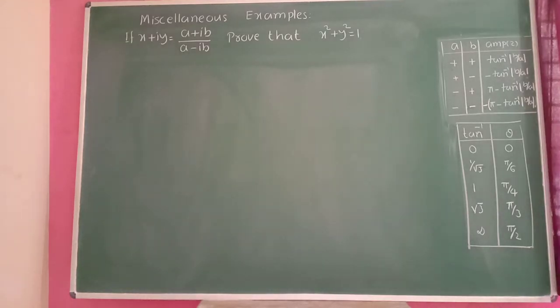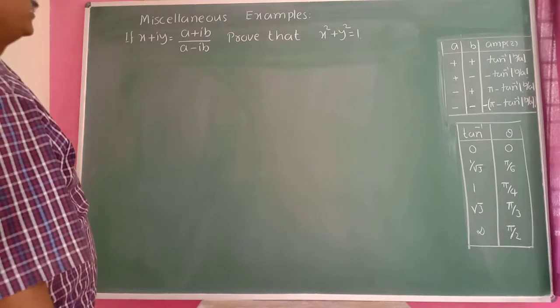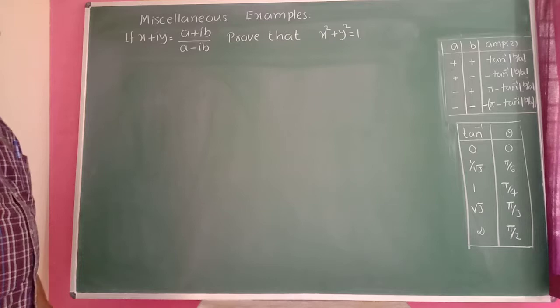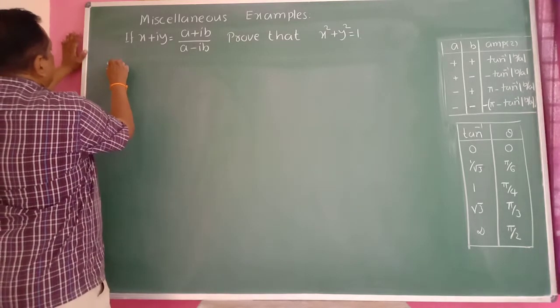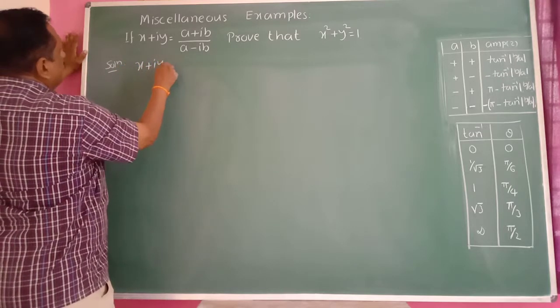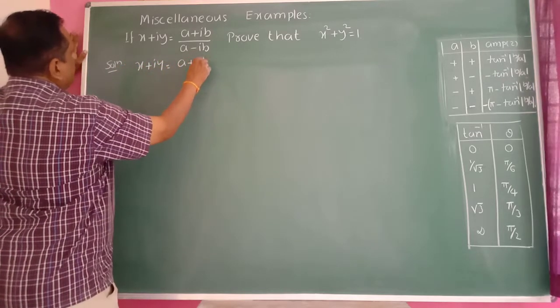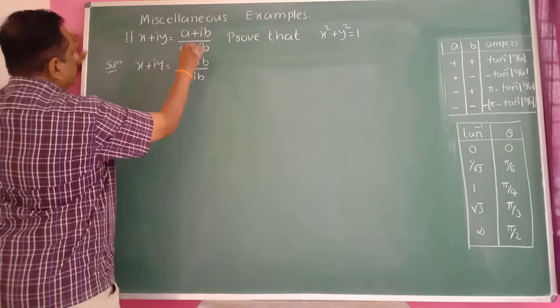Okay. If x plus iy is equal to a plus ib upon a minus ib, then prove that x square plus y square is equal to 1 here. Take the solution. x plus i into y is equal to a plus ib upon a minus i into b.